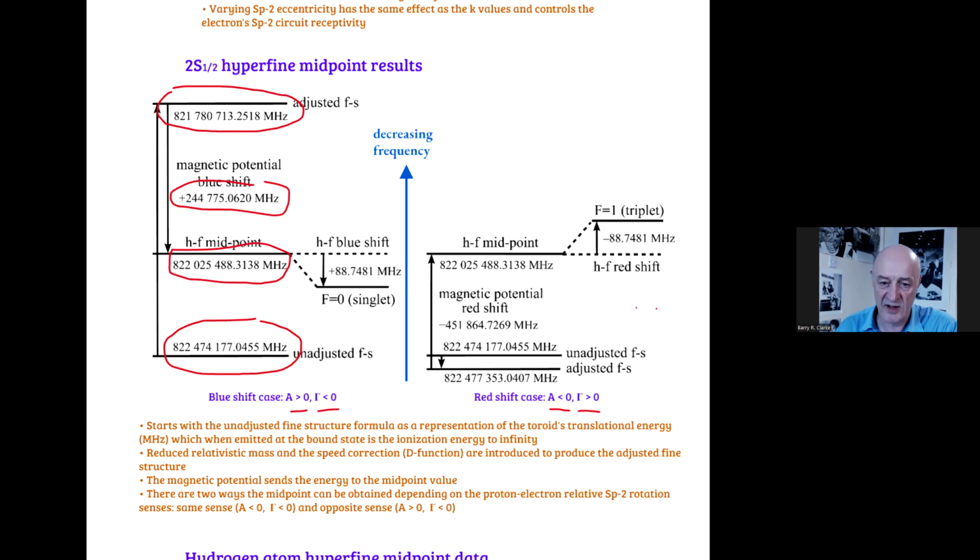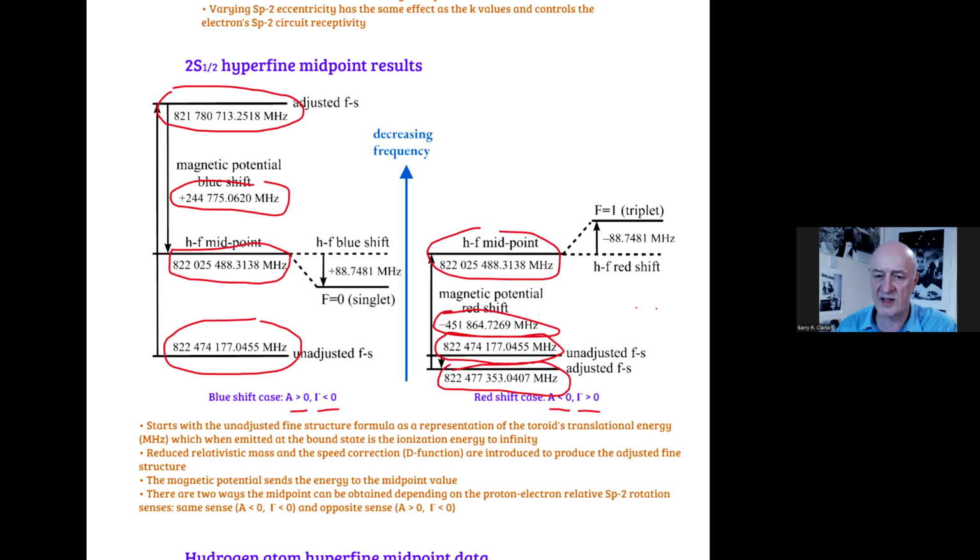The other alternative is to start again at the unadjusted fine structure formula. When you have the d function included and the reduced mass included, what happens is you increase in frequency, and then when you put the magnetic potential term on it, you end up at the same hyperfine midpoint as before.